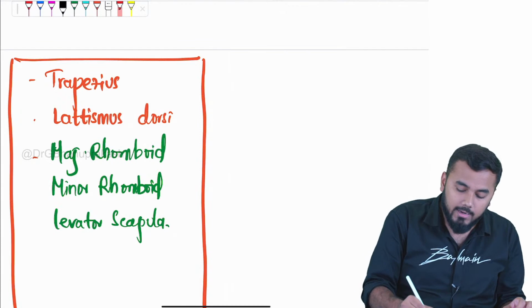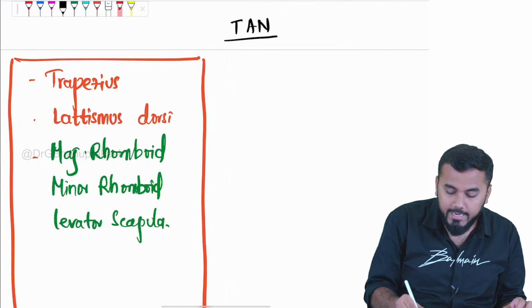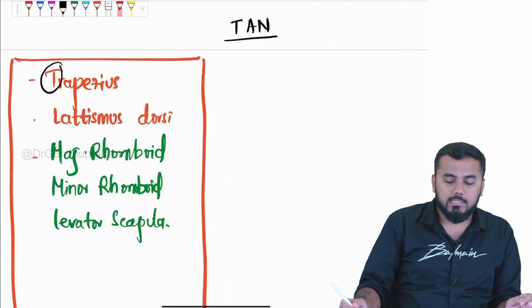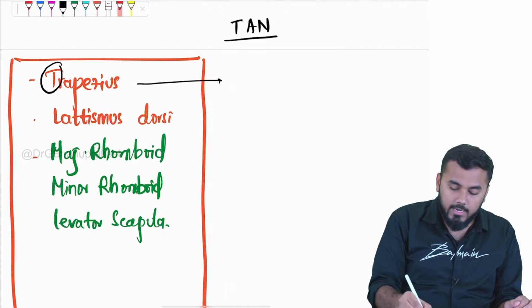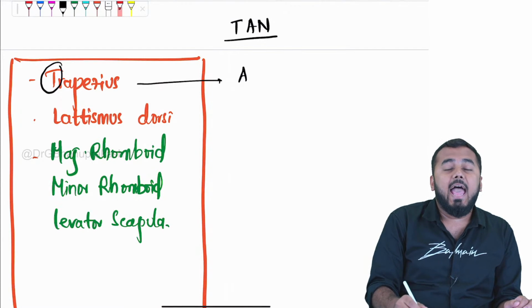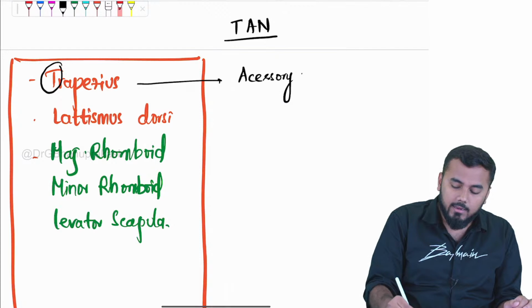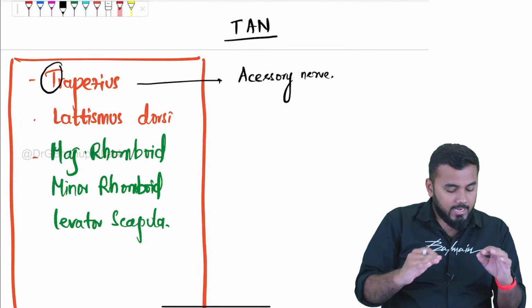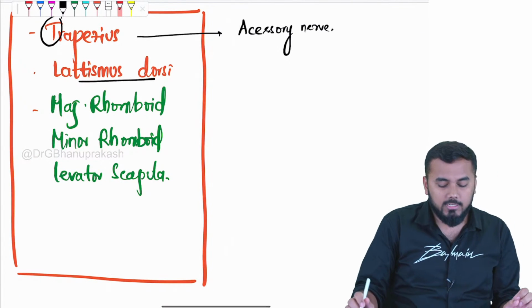Simply remember a mnemonic, TAN. T stands for trapezius, AN stands for axillary nerve. Trapezius is supplied by the accessory nerve. That's it. The remaining are all finished. What are the remaining? Latissimus dorsi.